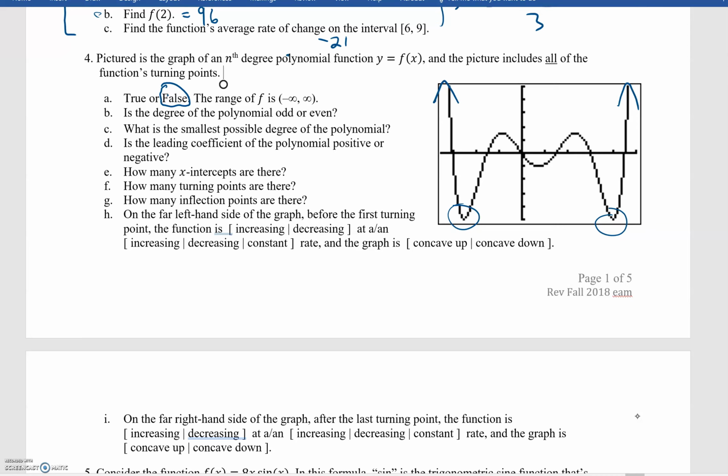Part B, is the degree of the polynomial odd or even? Well, this is going to be an even degree polynomial. And the way that I know that is because, when we're studying the classification of polynomials, even degree polynomials are the ones whose endpoint behavior is the same on both ends. In other words, as you go horizontally out, they both go up or they both go down.